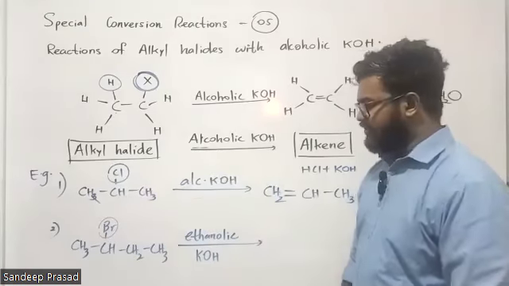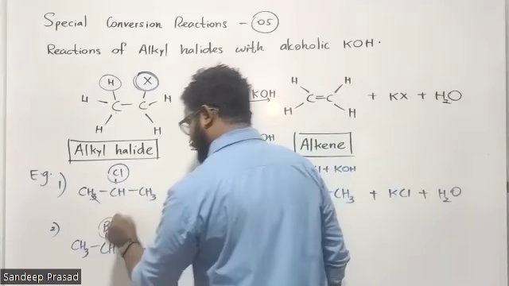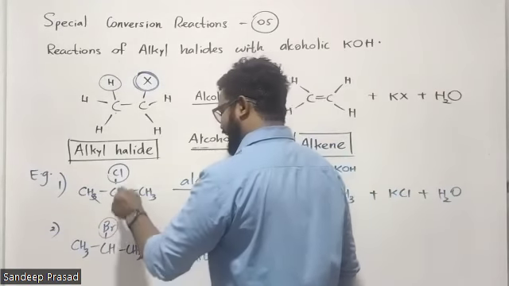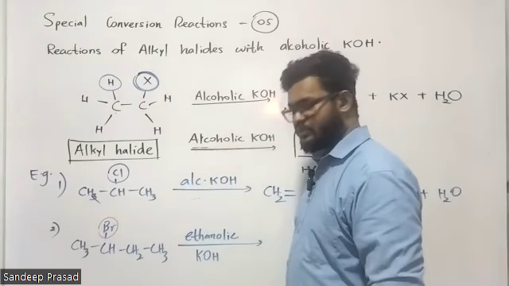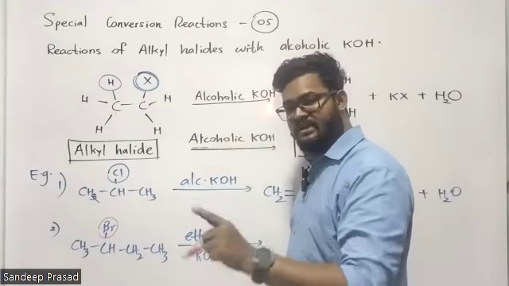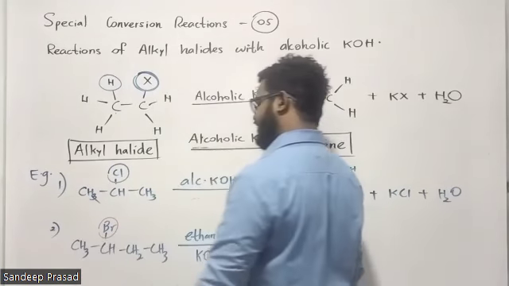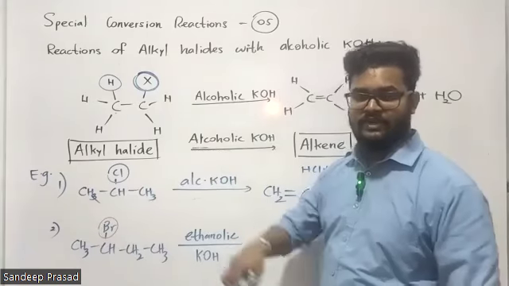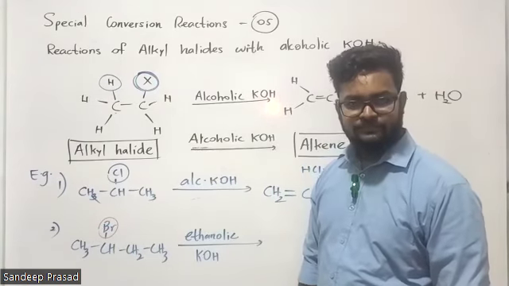After adding alcoholic KOH, that's what happened. Bromine is eliminating. So bromine should be eliminated with one of the hydrogens from the neighboring carbon atoms. So here, neighbors are different. The left-hand side neighboring carbon atom and the right-hand side neighboring carbon atom are completely different. Then, which carbon atom do we have to choose?